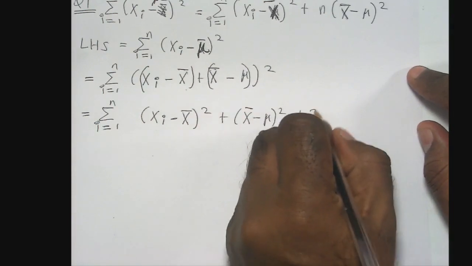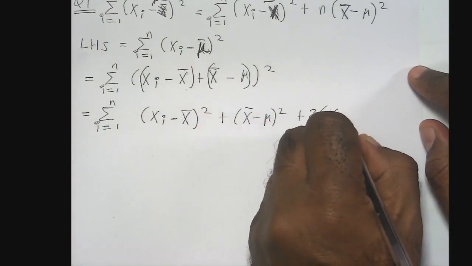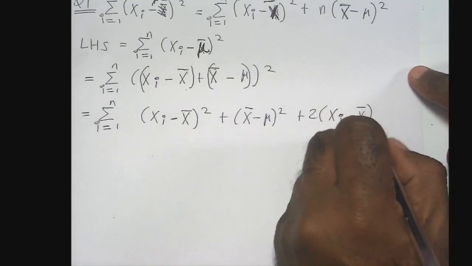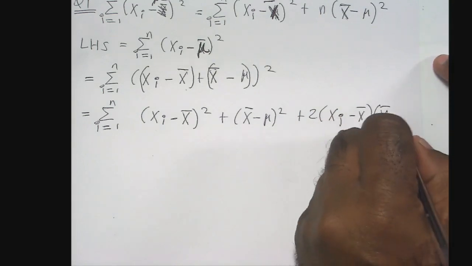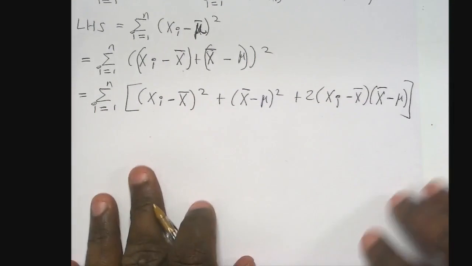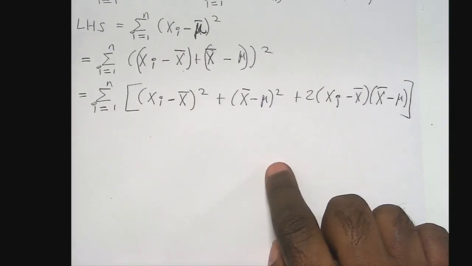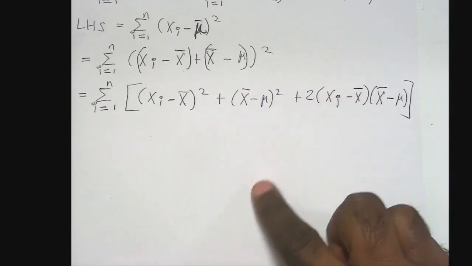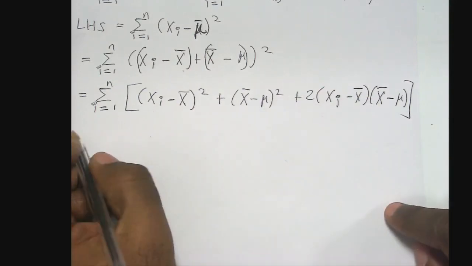The third term is this. So you get 3 terms, guys. Remember, when you do a plus b squared, you get a squared plus b squared plus 2ab. So these 3 terms, right? Then take the sum inside.